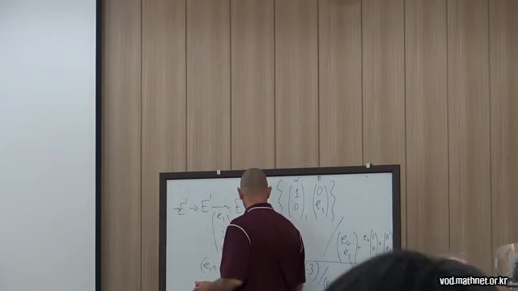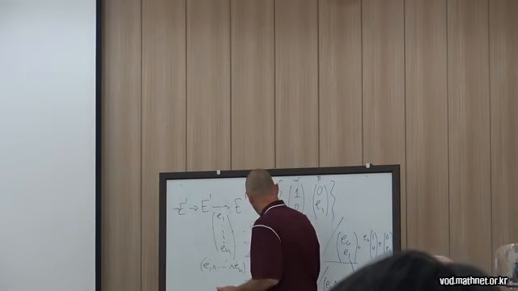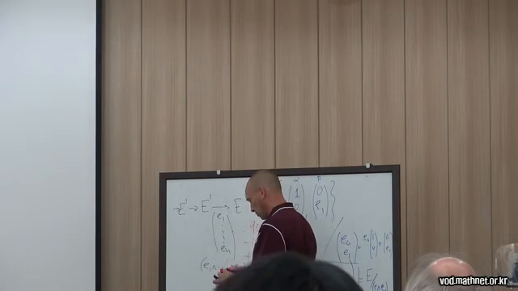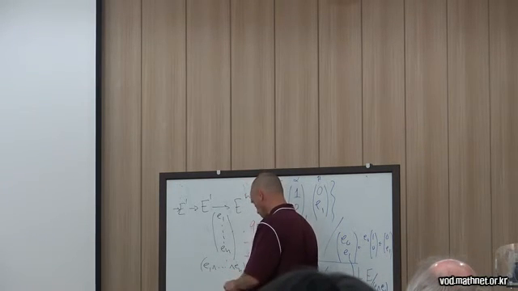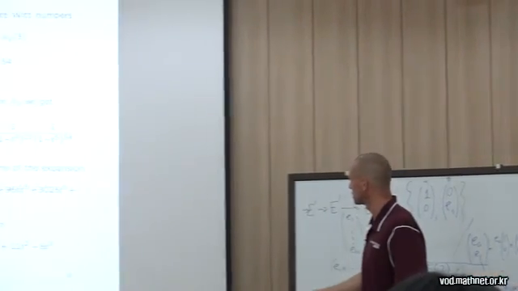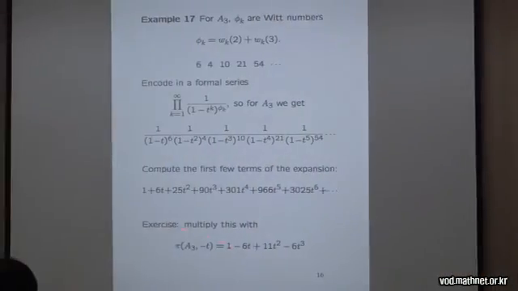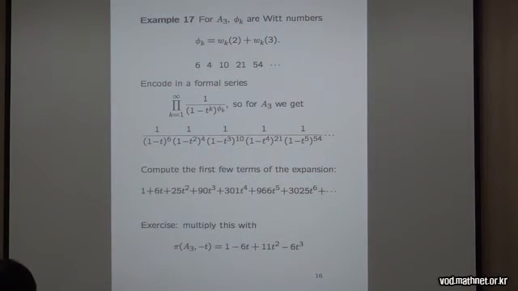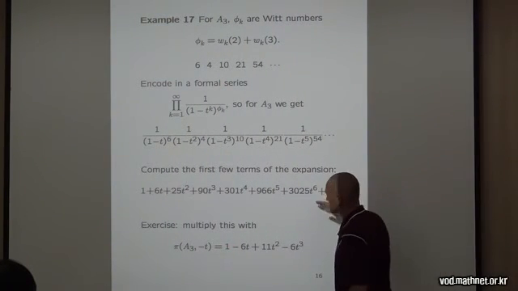What do we get? 156 minus 156, 0. So in fact, when you multiply these 2 power series together, you get what? This times this is equal to 1. So this times this is equal to 1.